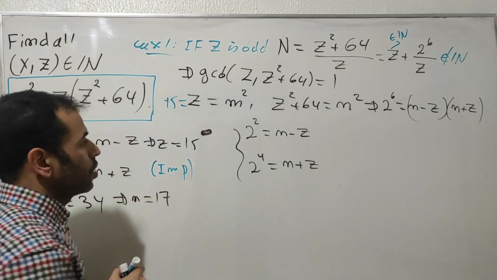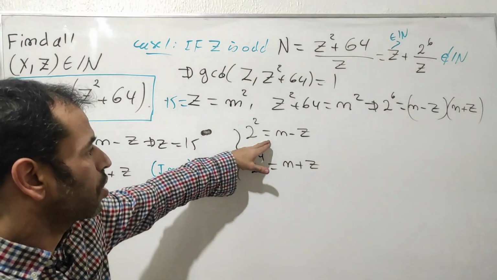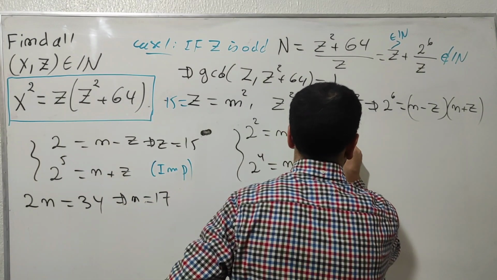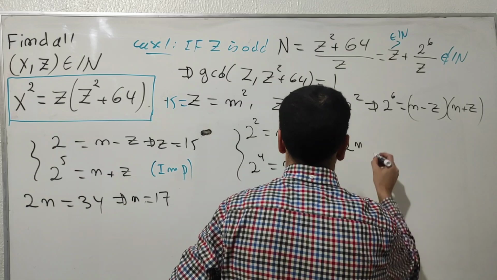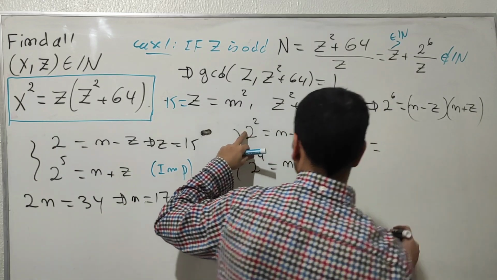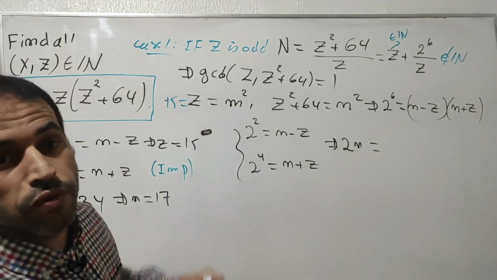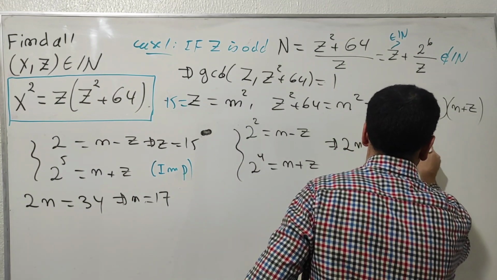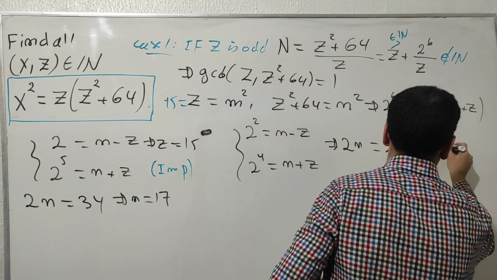Impossible. Let's move on to this one. Adding this one to this one, I will have the same thing here. Twice n is going to give us this one plus this one, which is 16 plus 4, which is 20. Immediately this gives us n equals 10.